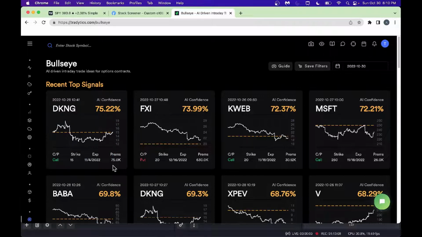It tells you there is a high likelihood the DraftKings can go higher. You can also go buy the call option here. Similarly, we got a few more here. We got FXI, Chinese ETF, KWeb, again Chinese ETF. Sometimes I look at this here, I look at the chart. If it makes sense to me by looking at the chart, I will go along.